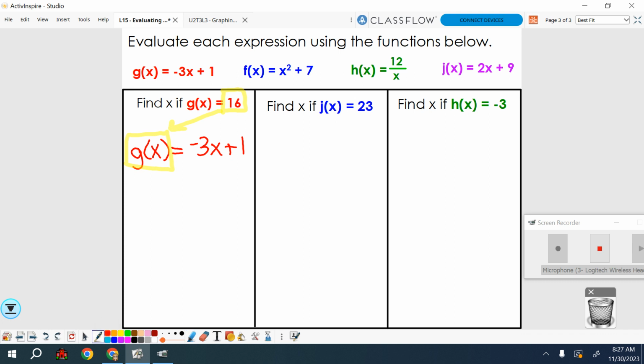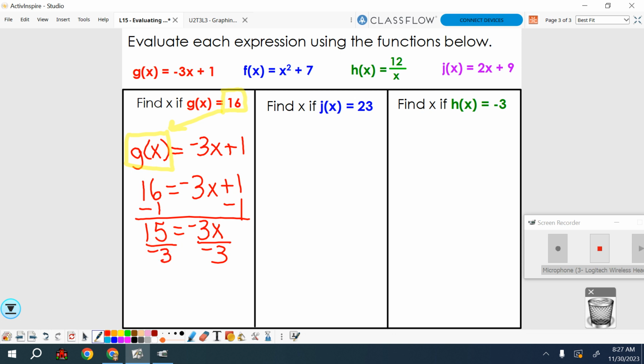So instead of g of x, I'm just going to substitute it. I'm going to get 16 equals negative 3x plus 1. Now, this is just a basic equation for us to solve. I'm going to undo my addition, so I'll get 15 equals negative 3x. And then I'm going to divide by negative 3 on both sides, and I'm going to get x equals negative 5.